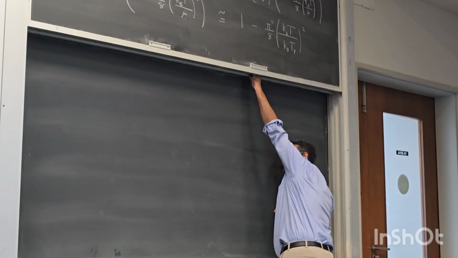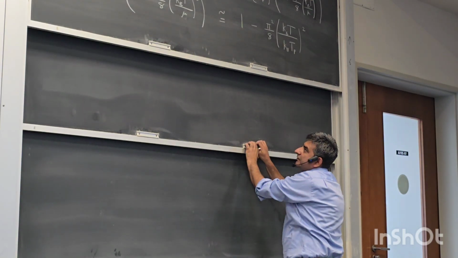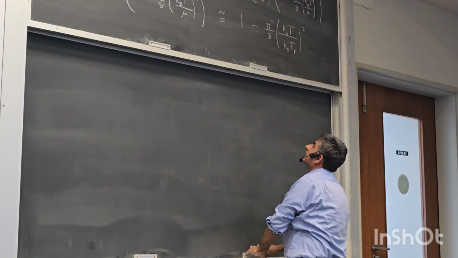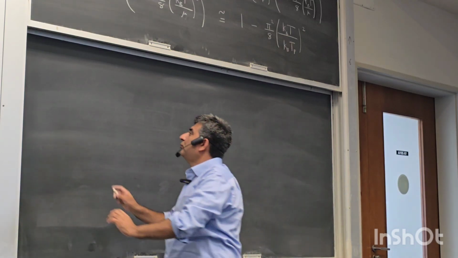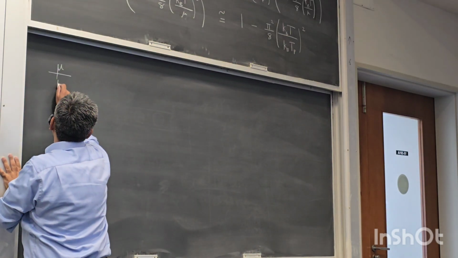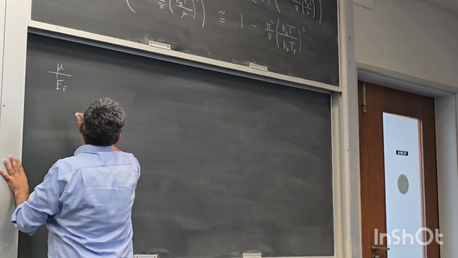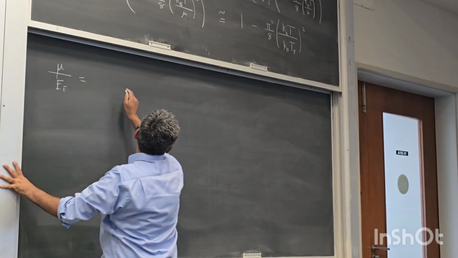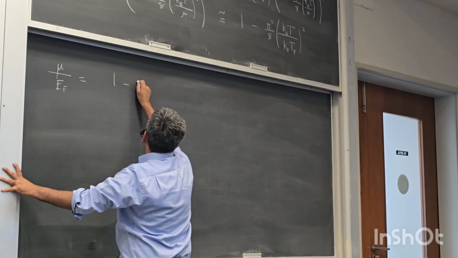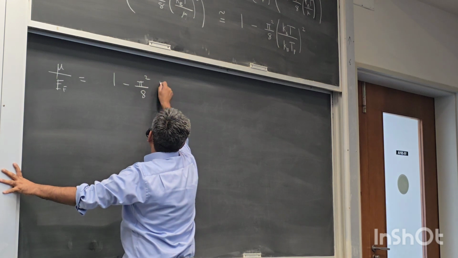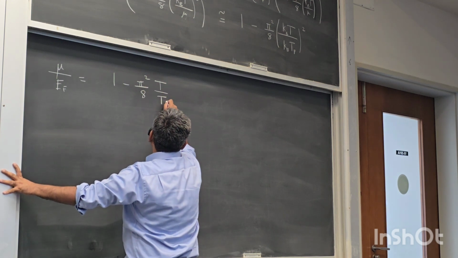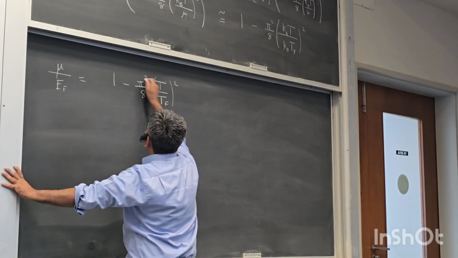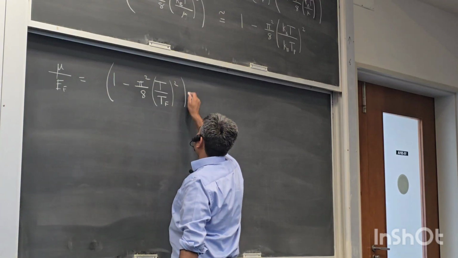All in all, what I obtain is the following: mu over EF is 1 minus pi square over 8 times T over TF squared, all of this raised to the power 2 over 3.